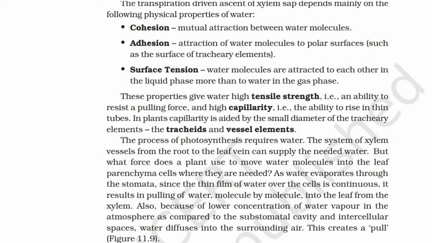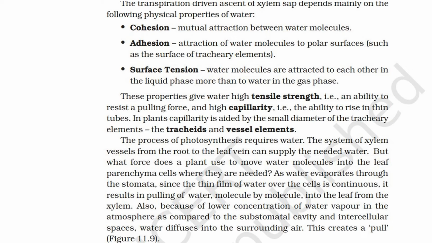The process of photosynthesis requires water. The system of xylem vessels from the root to the leaf vein can supply the needed water. But what force does a plant use to move water molecules into the leaf parenchyma cells where they are needed? As water evaporates through the stomata, since the thin film of water over the cells is continuous, it results in pulling of water, molecule by molecule, into the leaf from the xylem.